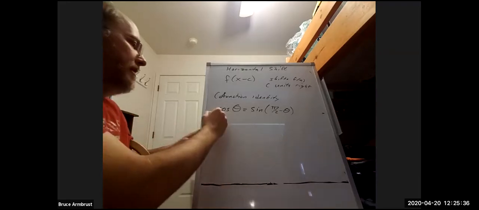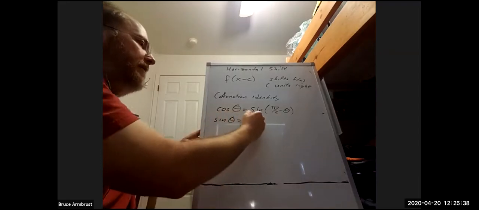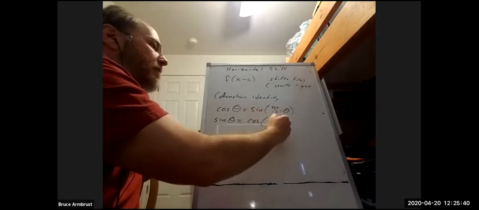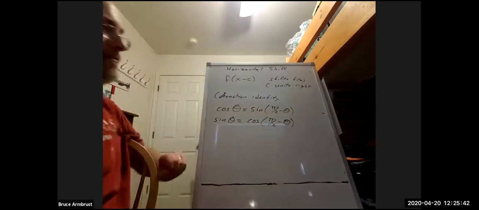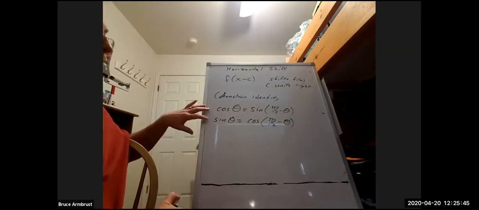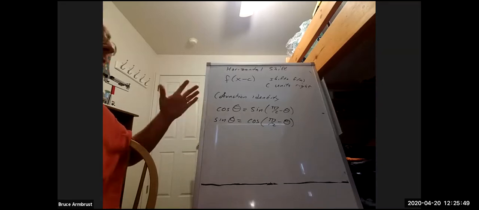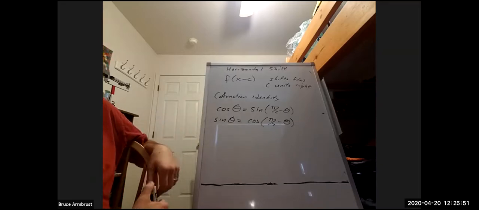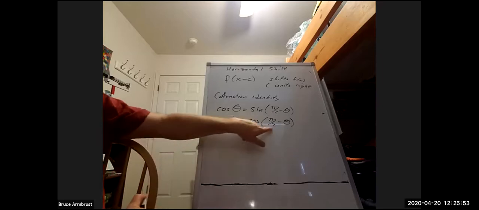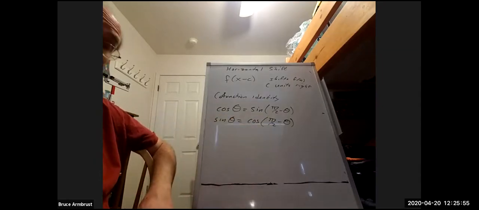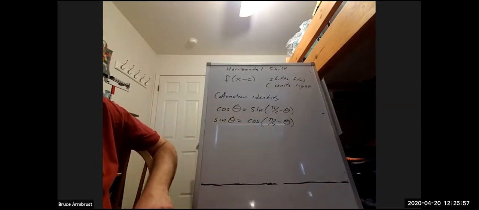And similarly, sine of theta was equal to the cosine of pi over 2 minus theta. Hopefully you remember these. Just a fun fact about the co-functions in a right triangle: since they're complementary, that's what this pi over 2 minus theta is doing. It's finding a complementary angle. So we know that these are true.